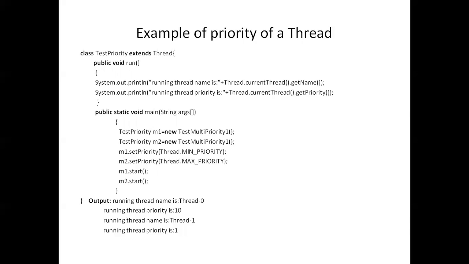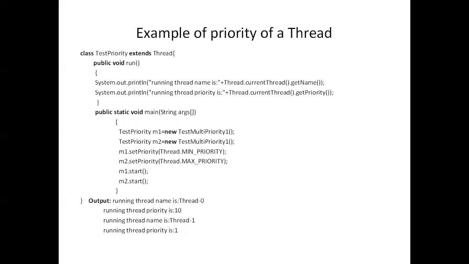We set thread 1 as min priority, and using the m2 object, m2.setPriority(Thread.MAX_PRIORITY), we set thread 2 as max priority. Then we use the m1 object and m2 object to start the threads. The start method is used to invoke the run method.